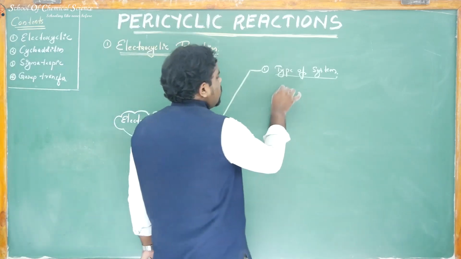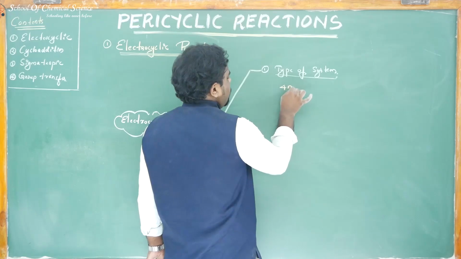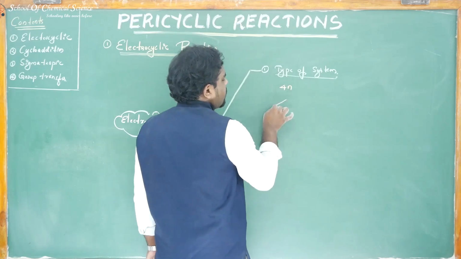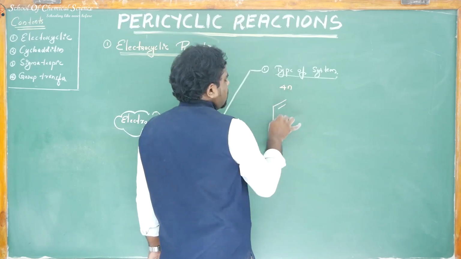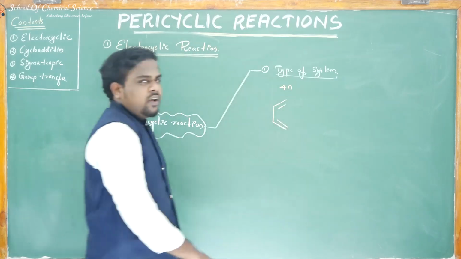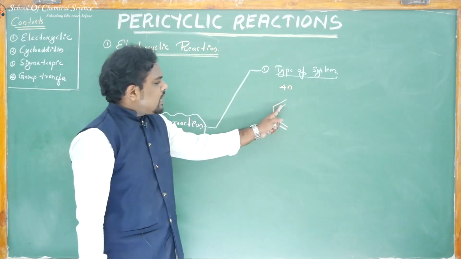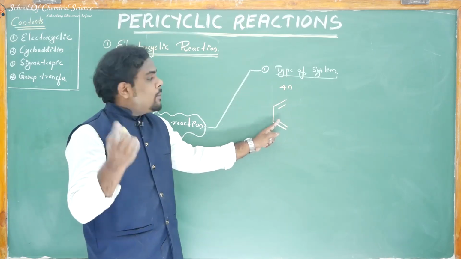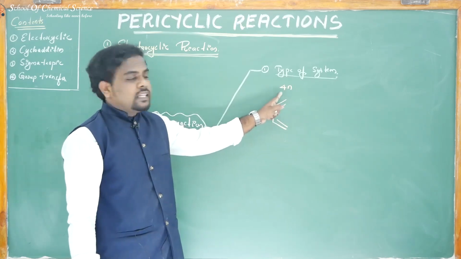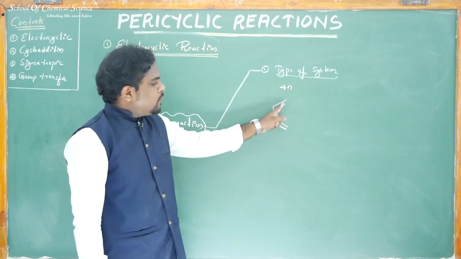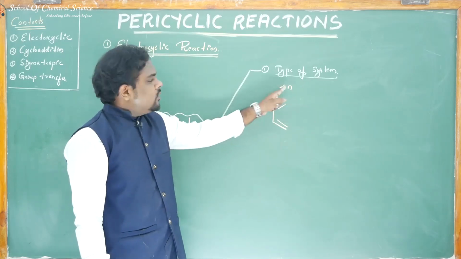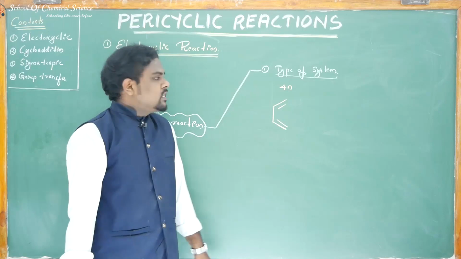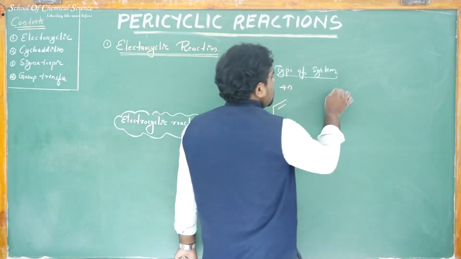For example, two types of systems are there. 4n system. This is a 4n system because how many pi electrons are there? 2 plus 2, 4 pi electrons. If the number of pi electrons is a multiple of 4, then that is a 4n system. When n is equal to 1, 4 into 1. So this is a 4n system.